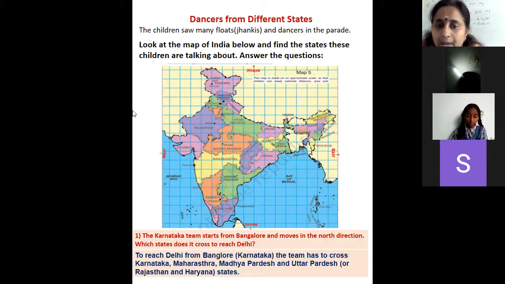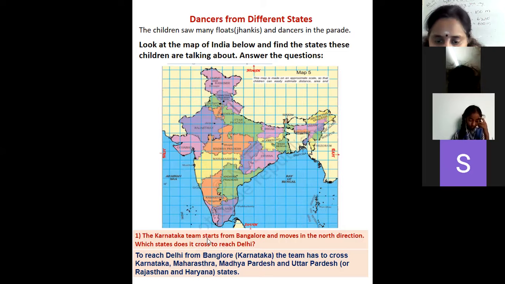Look at the map of India below and find the states these children are talking about. The Karnataka team starts from Bangalore and moves in the north direction. And one more thing, the directions are also given for us.